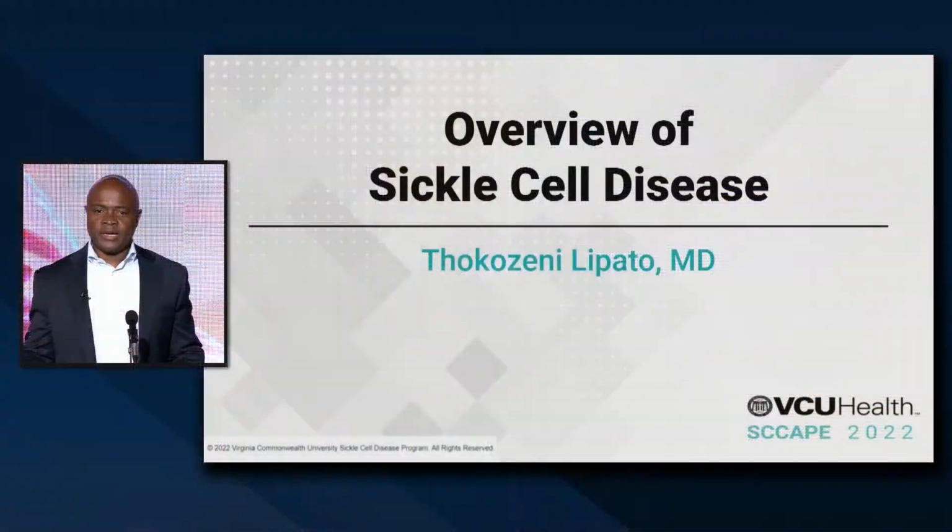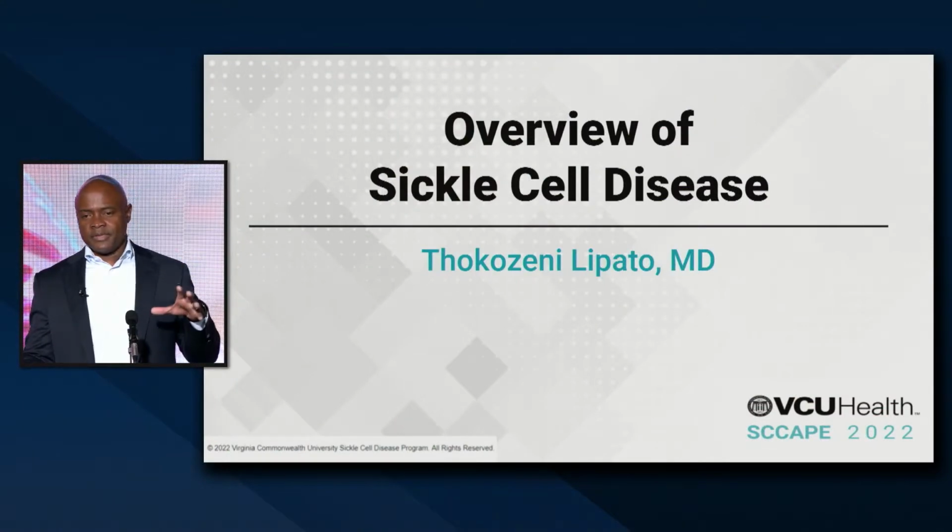So I'm going to give an overview of sickle cell disease. My goal is to try to put some depth into the conversation about sickle cell disease, but also to make it clear enough that you do not need a medical degree or a biochemistry degree to understand this.